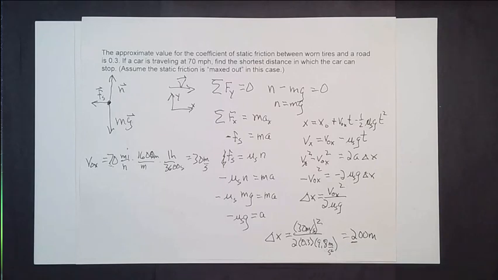But around 200 meters, which is about twice the length of a football field. That's pretty long, actually. And if it's dark and foggy and there's a deer that's crossing the road 200 meters ahead, you might not even see it. So be careful with that.